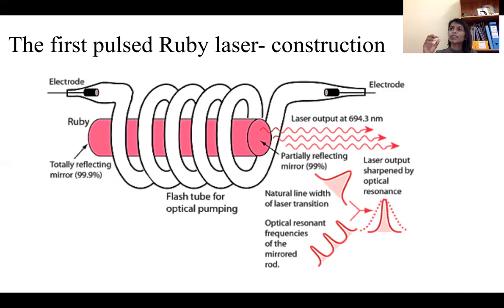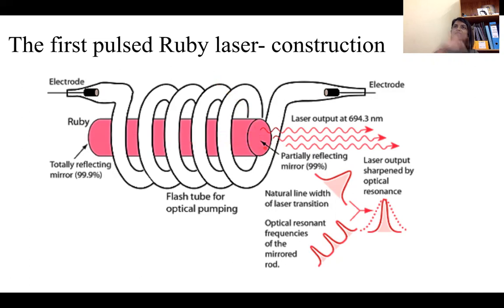And then what happens? The spontaneously emitted light is reflected back and forth because of these silvered sides. When they are reflecting back and forth, what happens?